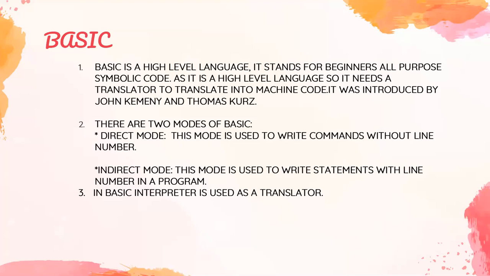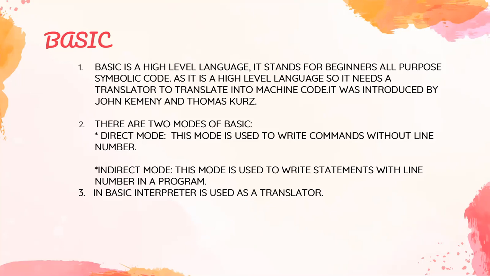The interpreter translates line by line, and once the program is smooth, the result would be shown on your screen, right? I already explained direct mode and indirect mode. In direct mode we write commands without line number, and in indirect mode we write statements with line number, right?